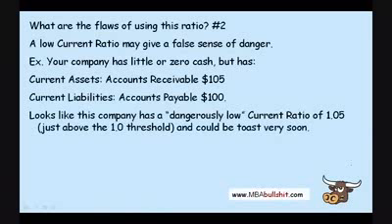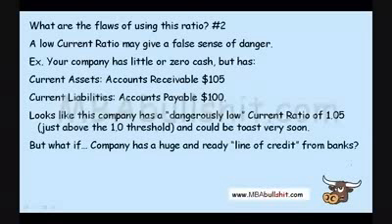So it looks like this company has a dangerously low current ratio of 1.05. So it's just a little bit above the 1.0 threshold. And so this indicates that your company could be toast, could get burned very soon or very easily.